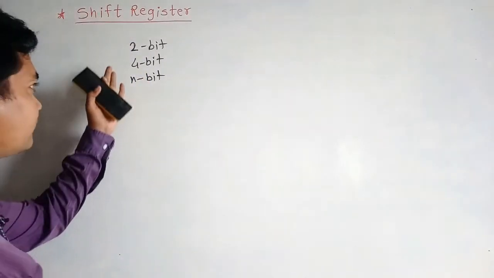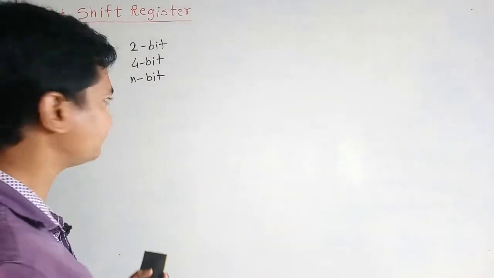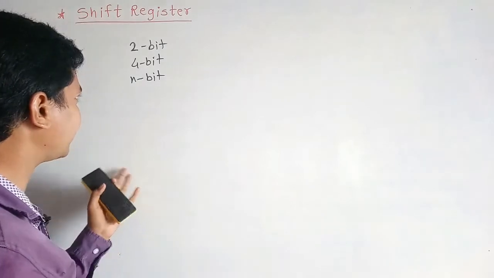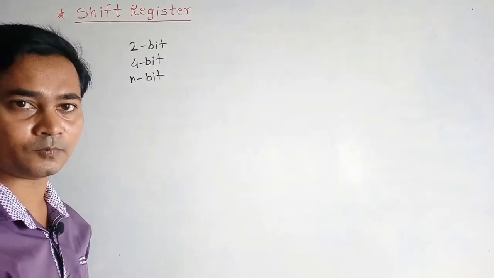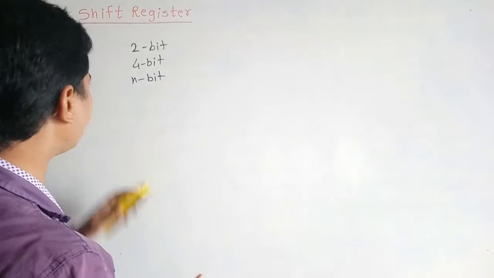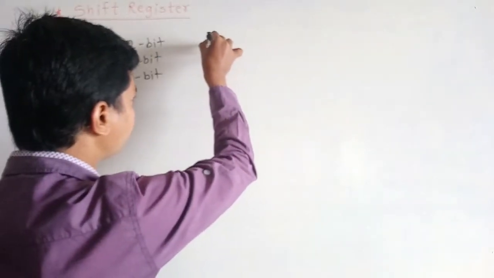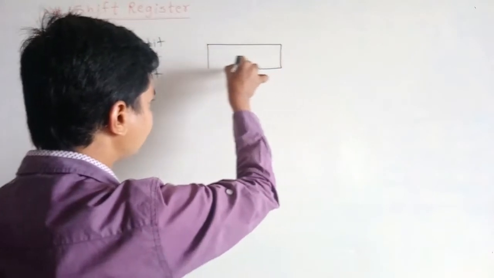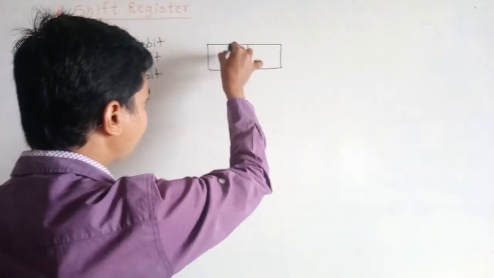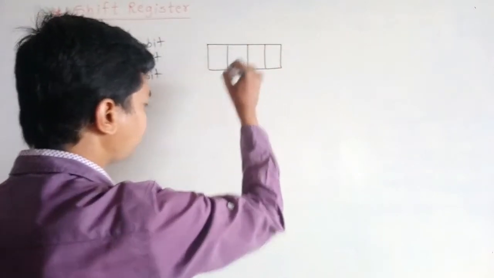This is the simple strategy for the number of flip-flops. Now consider we want to store 4-bit data, so we will have 4 flip-flops.